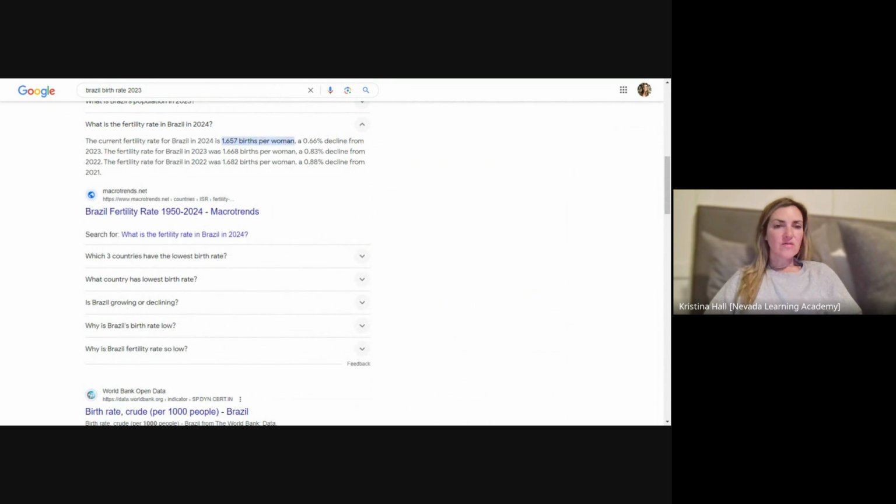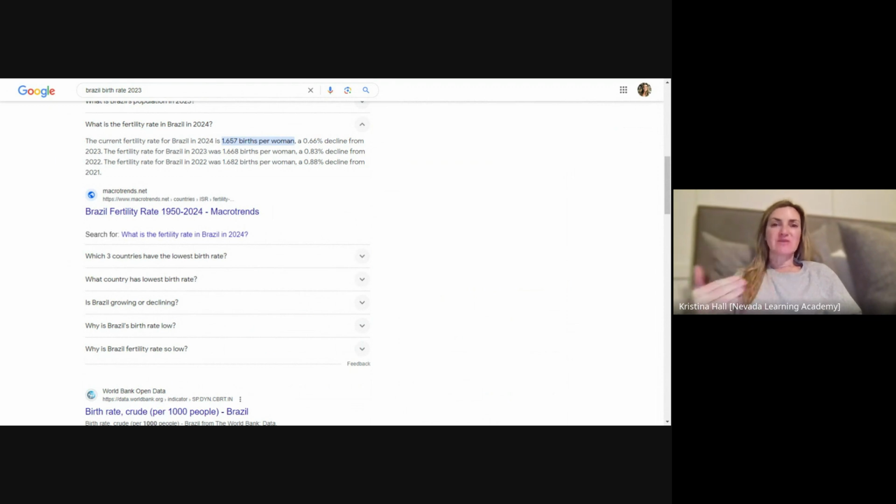Here we go. The current fertility rate is 1.65 births per woman. Okay, so it's declined 0.66%. So birth rates are going down. You can see 2023, it was 1.66, 2022, 1.68.